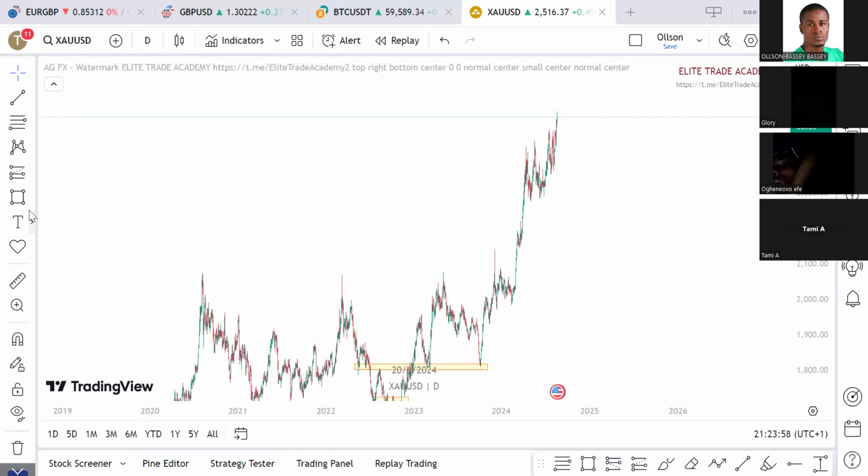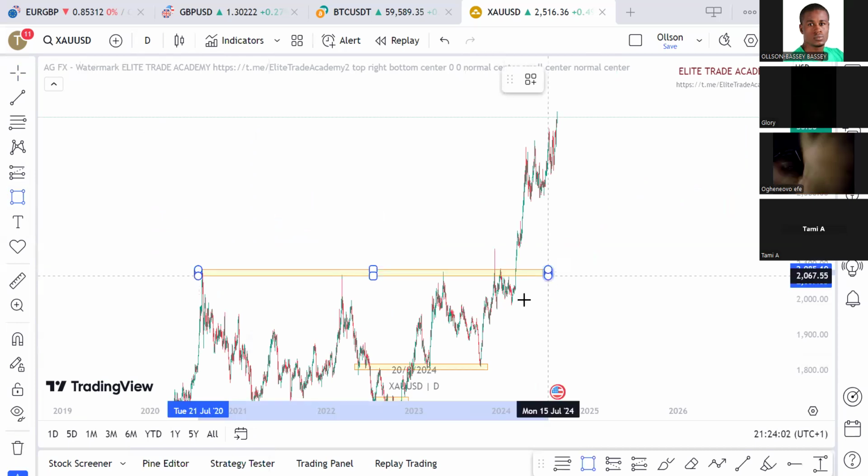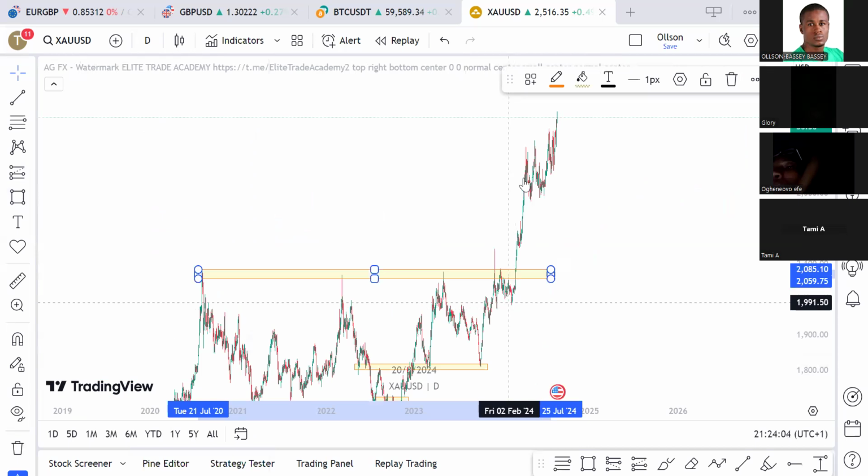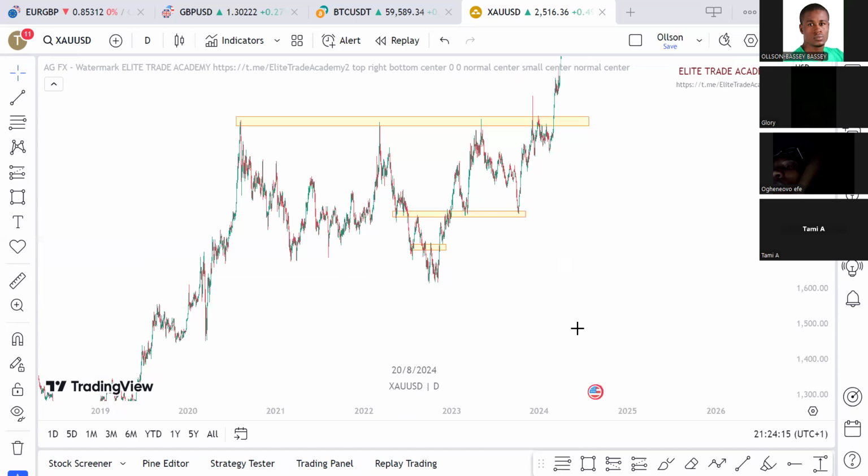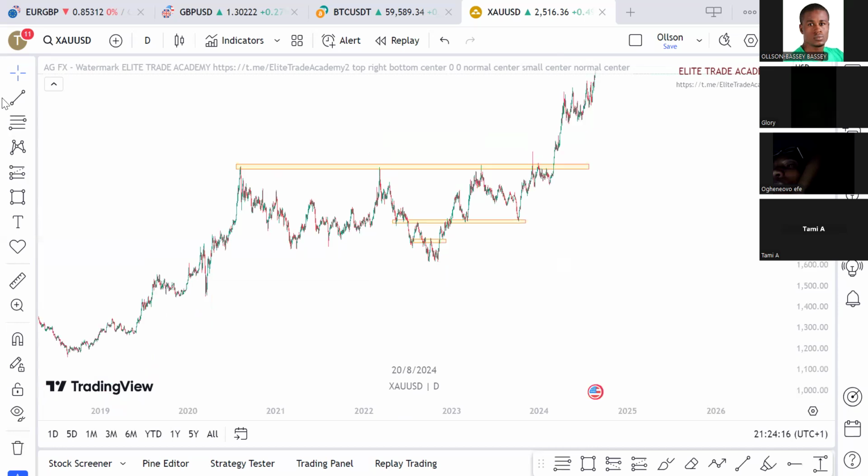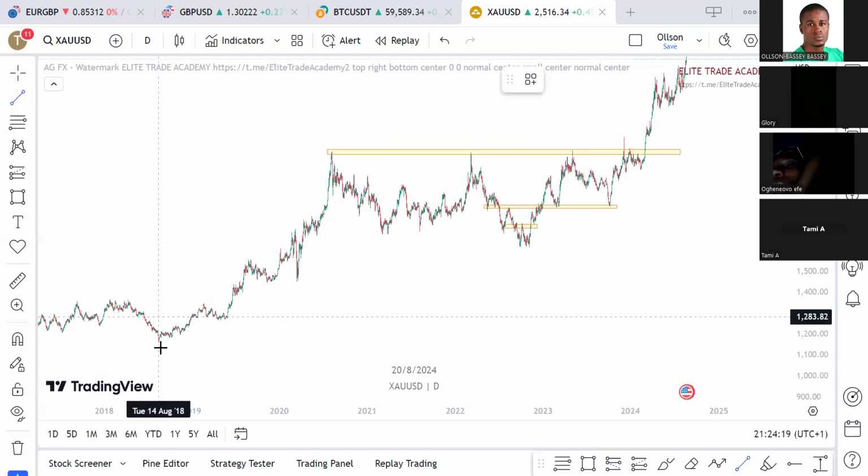Look at what is happening here. Price was resisted here for a long time, and price finally broke through and is just pushing up. Maybe in the future, it will come back and use this place as a support and continue, or break through it. But you should always be able to use your trend line to spot your market direction.